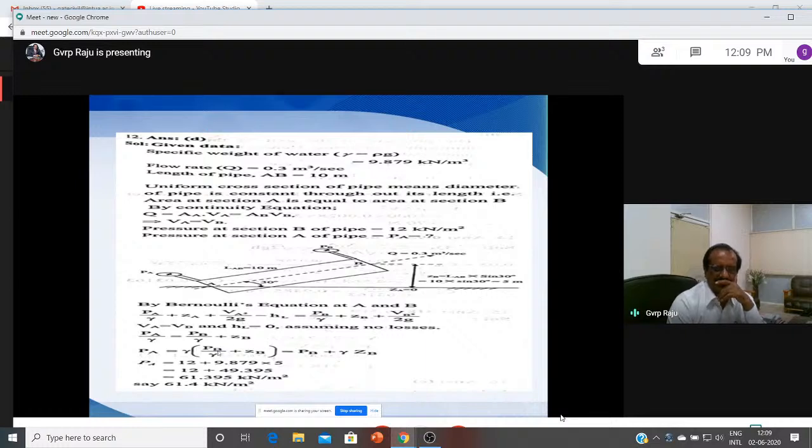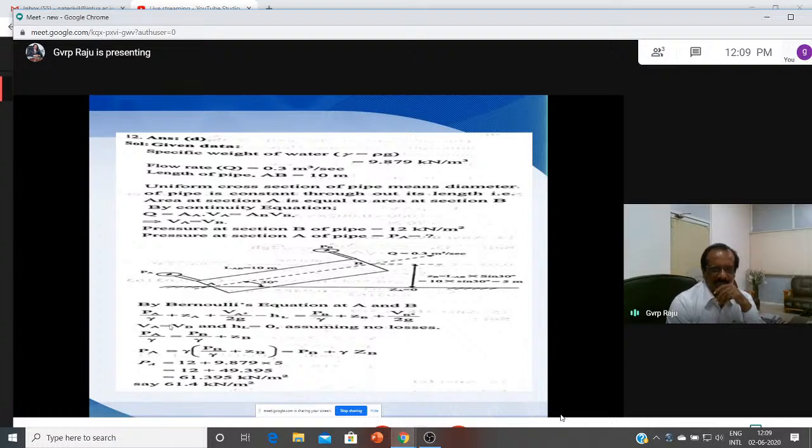We can assume this loss of head HL is equal to 0 because nothing is mentioned. If he specifically mentions it, we take it, but otherwise we can assume the loss of head HL is equal to 0 and VA is equal to VB. Then you apply the Bernoulli's equation here.